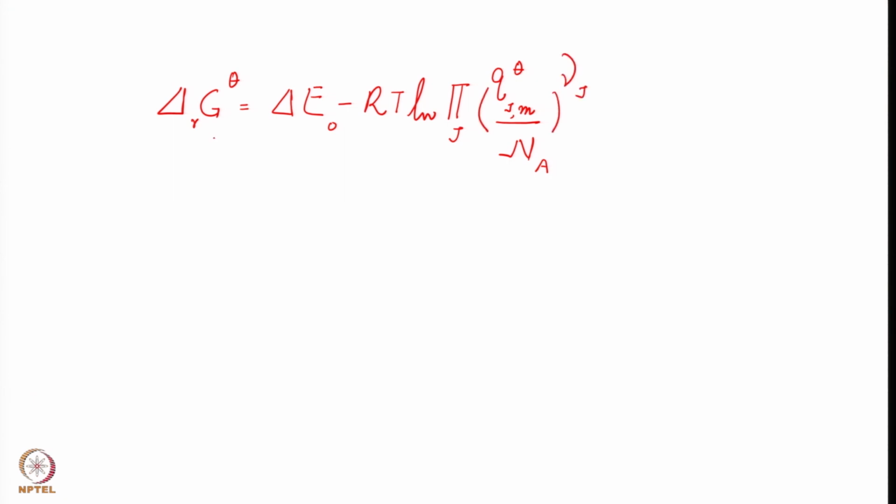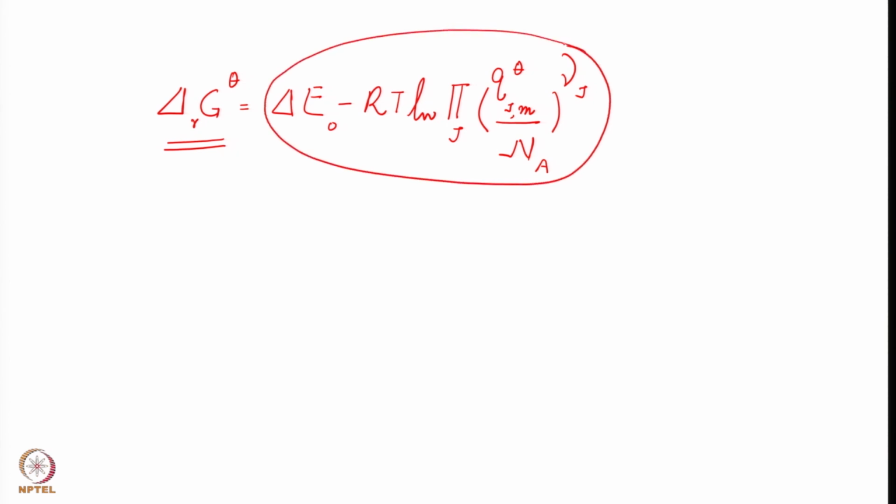So by now we have an expression for delta G naught, with a right hand side expressed in terms of change in zero-point energies and the molecular partition functions. That means the right hand side of this equation can now be determined spectroscopically.